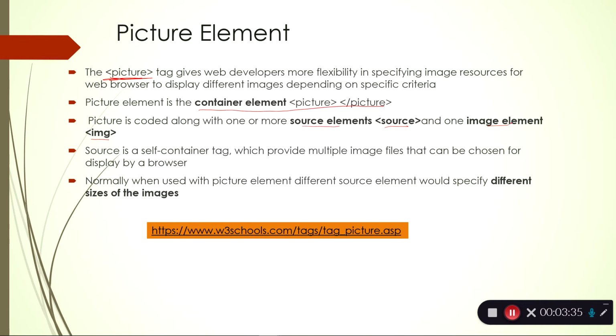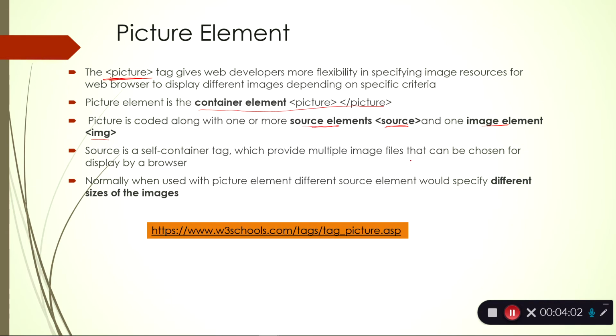The image element is for the default display and the source elements will hold more images according to different display devices. So it could have more than one source element and one image element. Source is a self-closing tag, so that means there is no ending tag for the source element. And the image element is also a self-closing element, that we know.